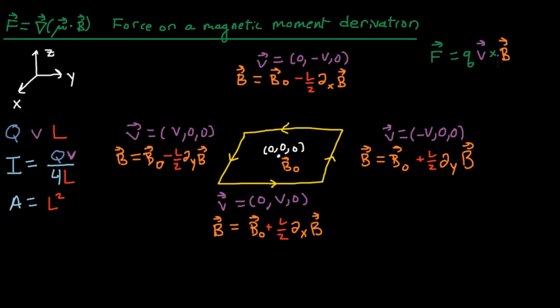And for B as a vector, note that, for instance, partial x B is just a vector with components partial x Bx, partial x By, and partial x Bz. So this is just a vector that we can plug in. For each of these four segments, you plug these two things into the Lorentz force law, and you have to look up the formula for the cross product. But I'll just write the answer here.